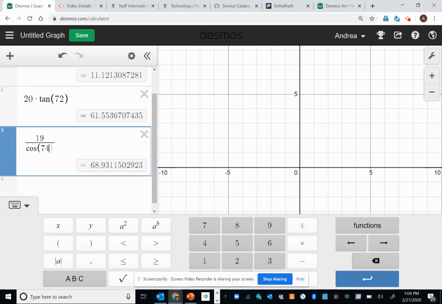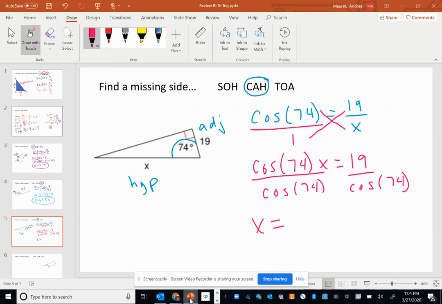And it looks like 68.93 is our answer. And there we go. So that was a review of finding a missing side in a right triangle using the trig ratios.